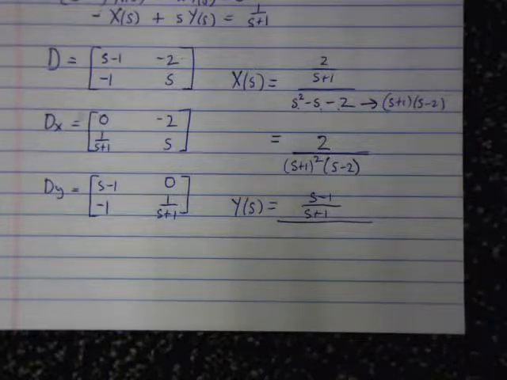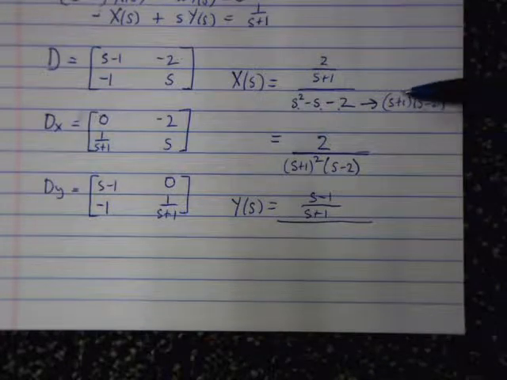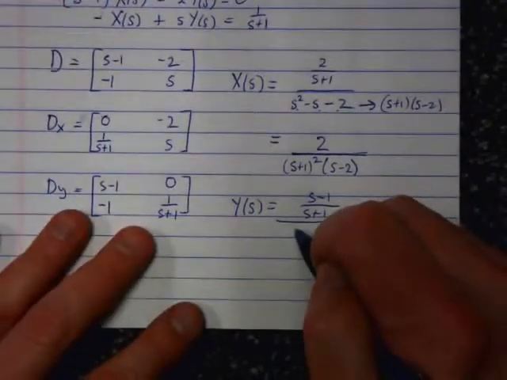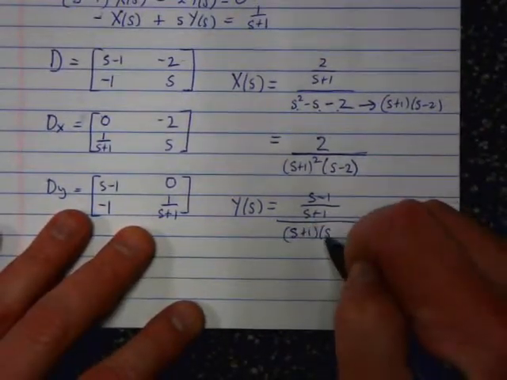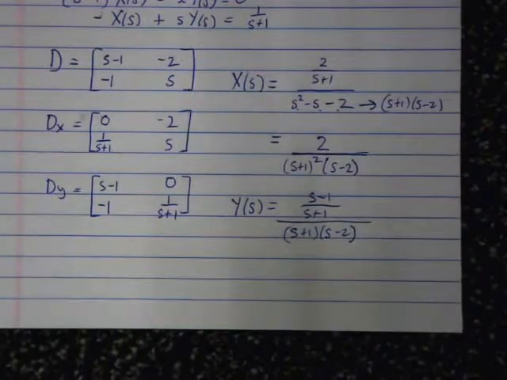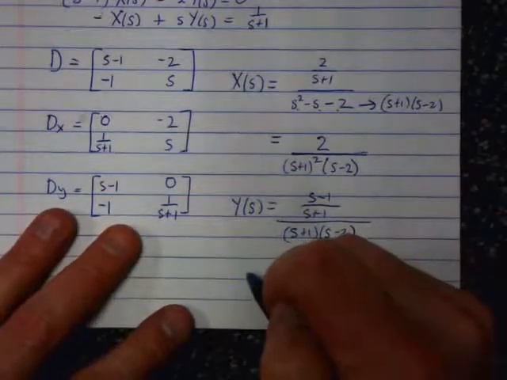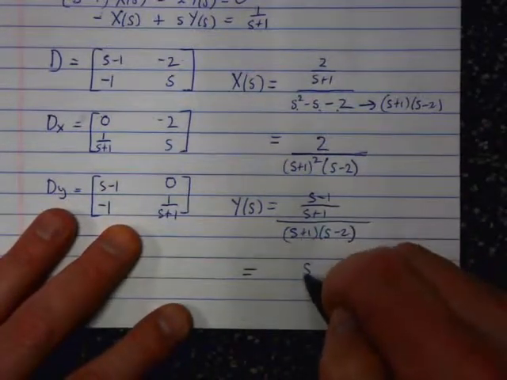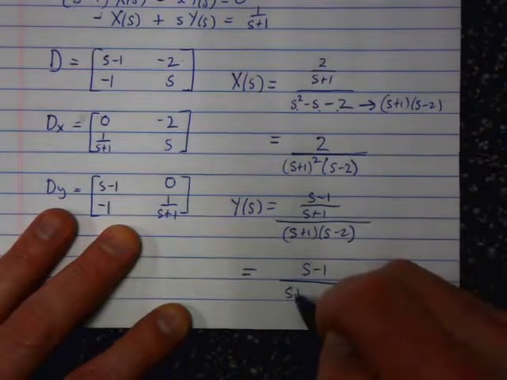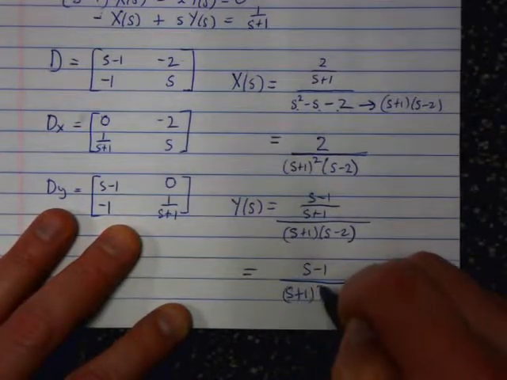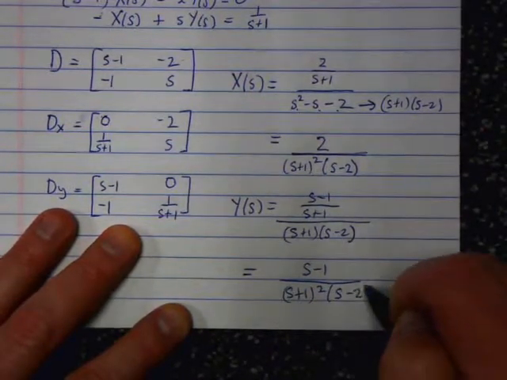The good news is I already figured out the determinant of the D matrix. It's s plus 1 times s minus 2. I don't need to go through all that work again. All right, so big Y is s minus 1 over s plus 1 squared times s minus 2.